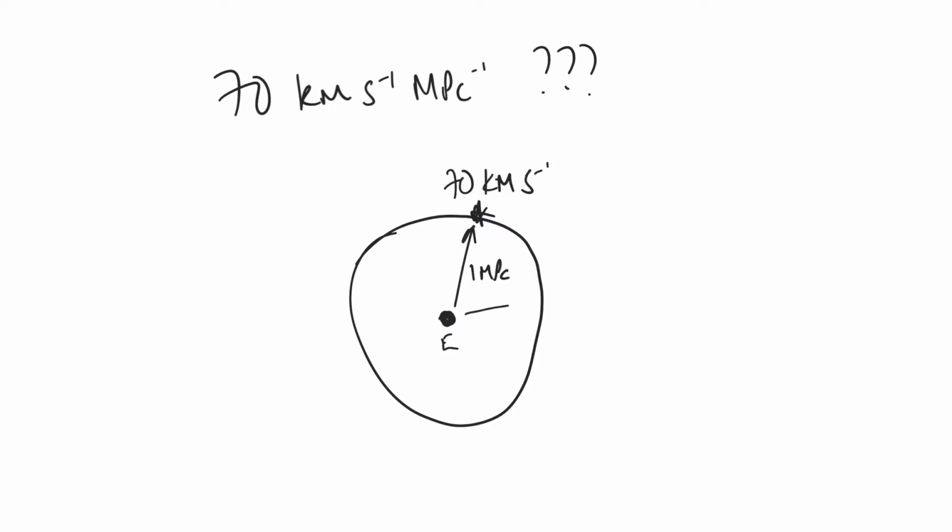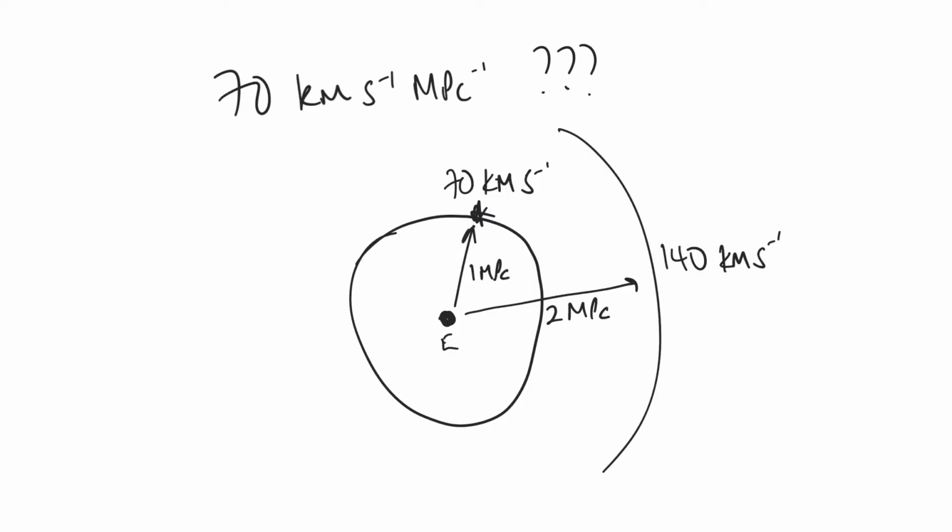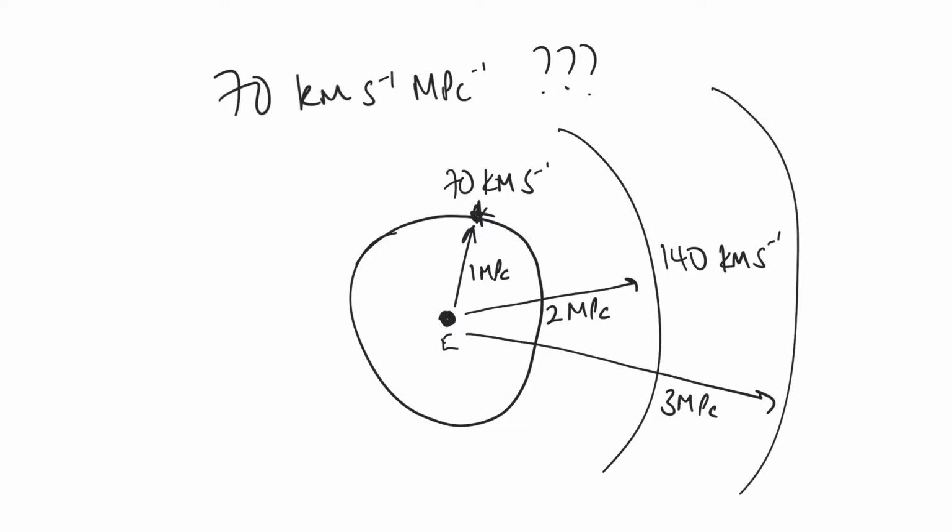But then if we travel an extra megaparsec, so 2 megaparsecs away, then what Hubble realised was it was travelling faster, at 140 kilometres per second. And hopefully you've got the idea. At 3 megaparsecs away, it's travelling at 210 kilometres per second away.